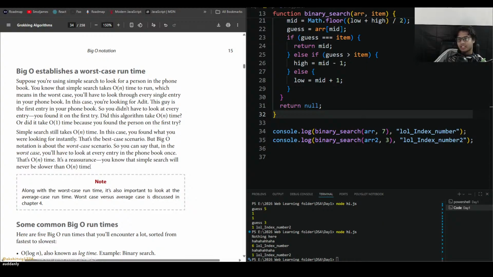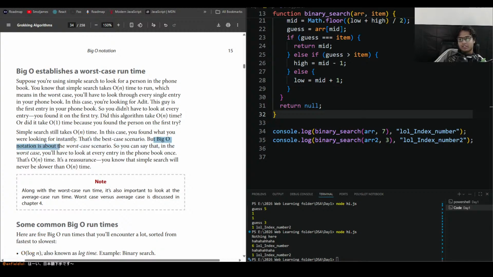It's a reassurance. You know that a simple search will never be slower than O(n) time.